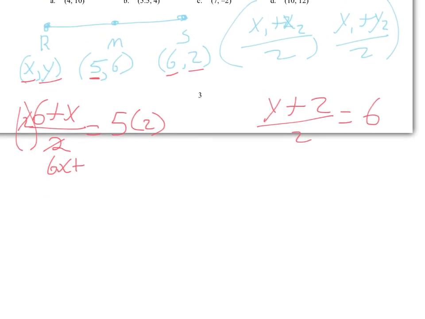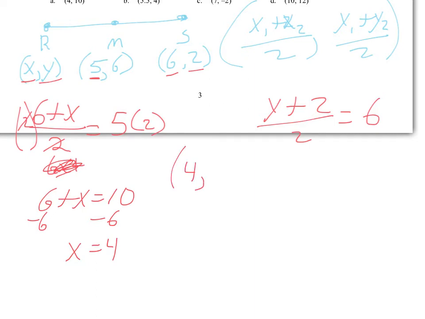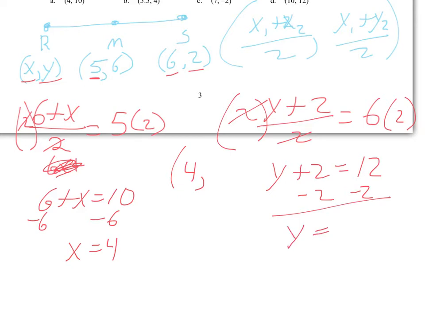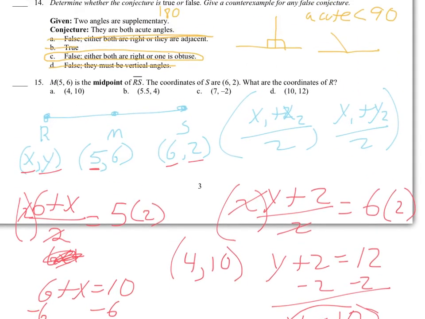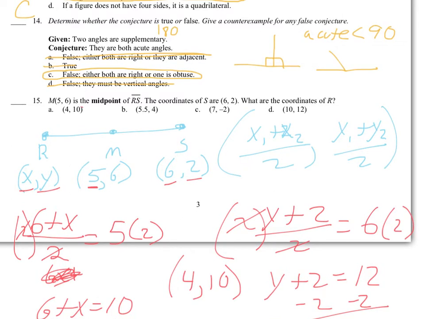We get 6 plus x equals 10. Subtract 6 from both sides, and x equals 4. So that's the coordinate of my endpoint. And on the y side, multiply by 2, and we get y plus 2, because the fraction cancels, equals 12. Subtract 2, and y equals 10. So (4, 10) is my endpoint, which is A.